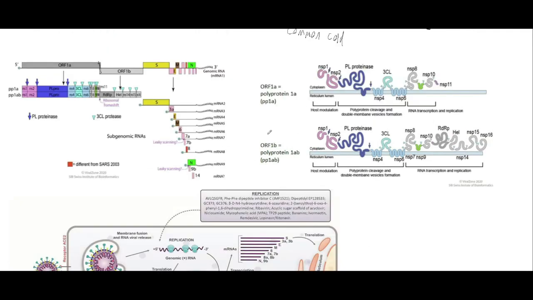Like I said, it generates this polyprotein, all from open reading frame 1A and 1B. Then we also have this right here, which is the spike protein, which we will be talking about in more detail later, because this is the protein that's actually involved in the virus getting into human cells and infecting them.